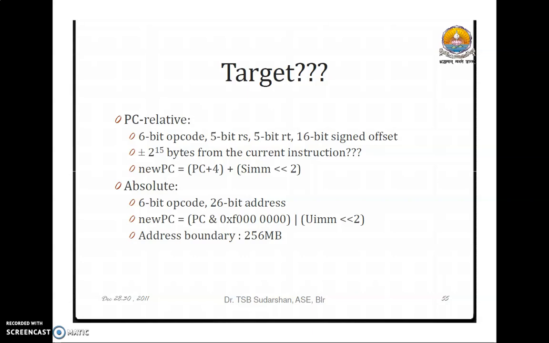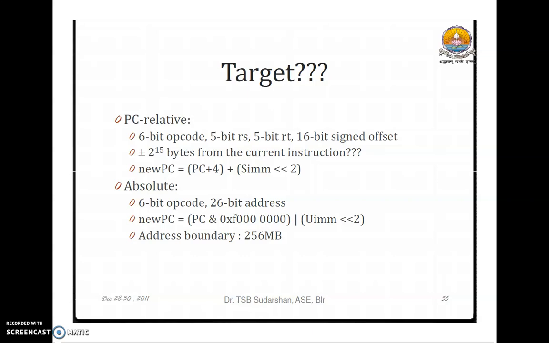It will tell you what kind of value it is. If the sign bit is 0, the value is positive, and if the sign bit is 1, the value is negative. So out of the 16 bits, 1 bit is devoted to the sign. The remaining 15 bits are there for you to decide the branch address. So you have plus or minus 2 power 15 bytes from the current instruction that you can jump as part of the PC relative branch.